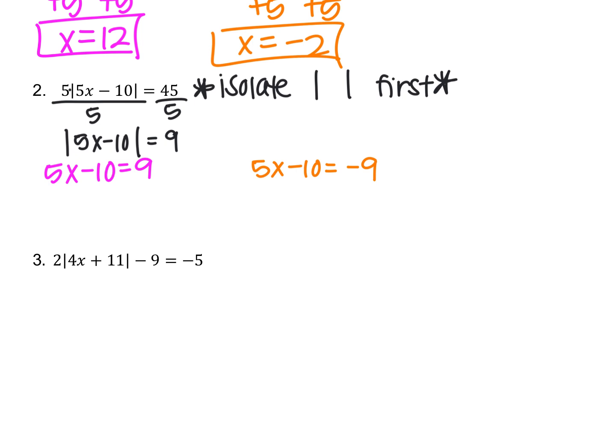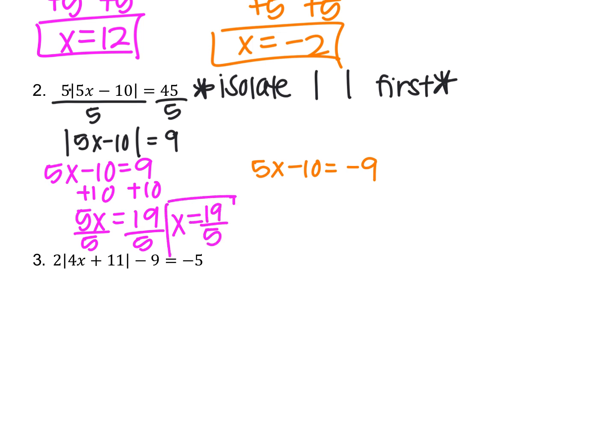So now we will solve like normal. We will add 10. We will get 5x equals 19. Divide by 5, and so x equals 19 over 5. We will just leave it like that.